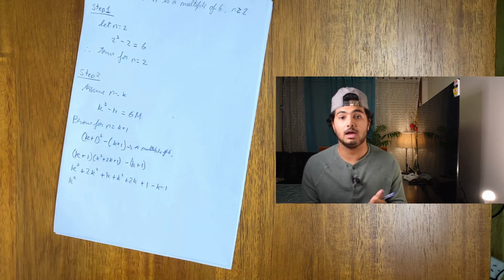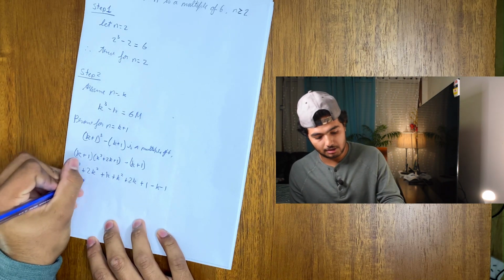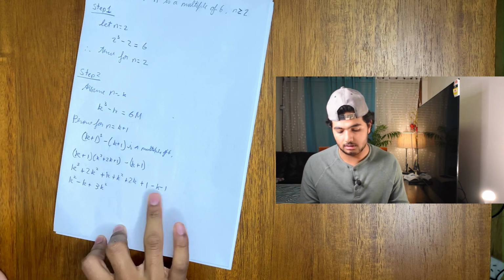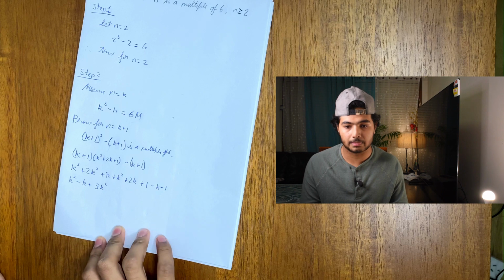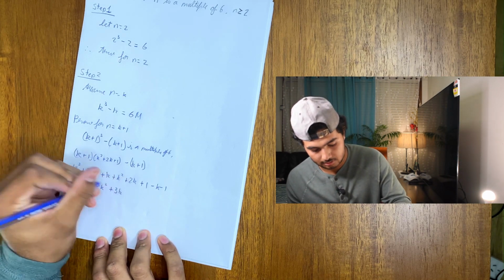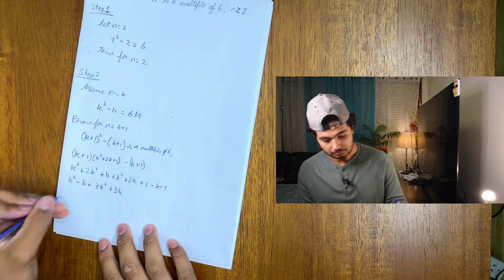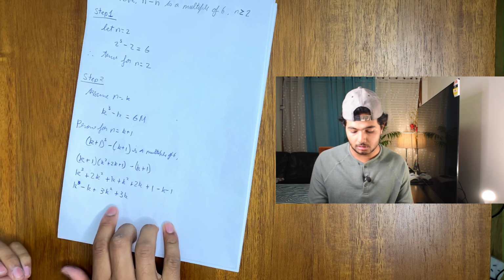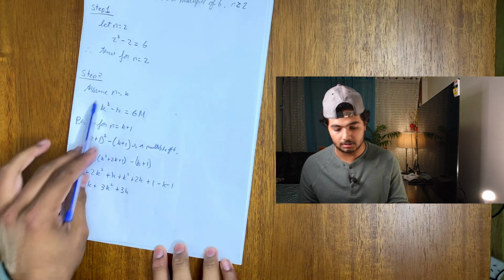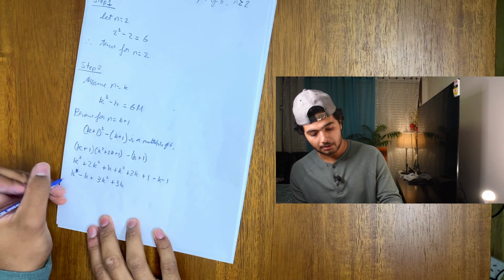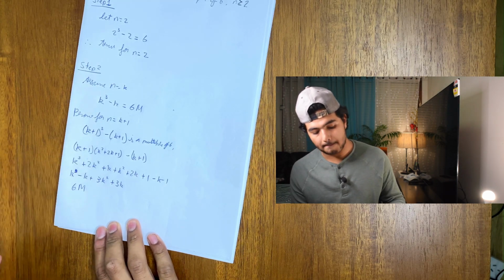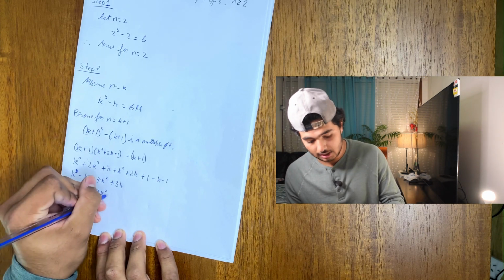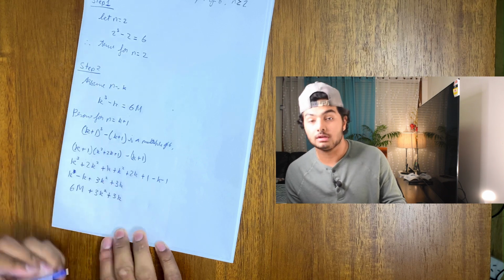Then I have k cubed minus k plus 3k squared plus 3k, since the 1 and 1 chop off. K cubed minus k, as we developed over here, equals 6m. So this becomes 6m plus 3k squared plus 3k.